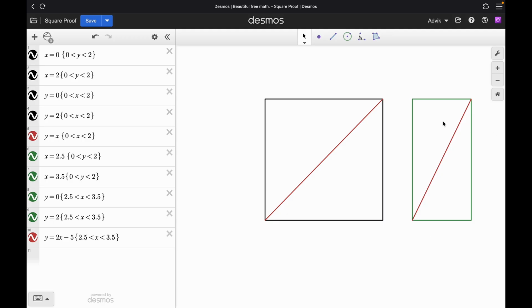And now we split this rectangle into right angle triangles. I know the perimeter and everything is a bit different, but what this is showing is that you can split any rectangle into two equal right angle triangles.